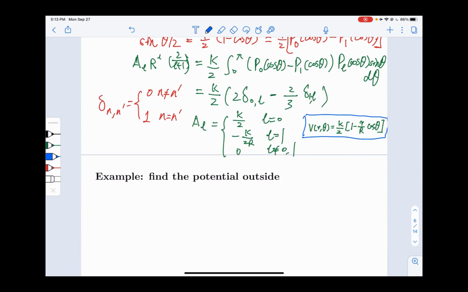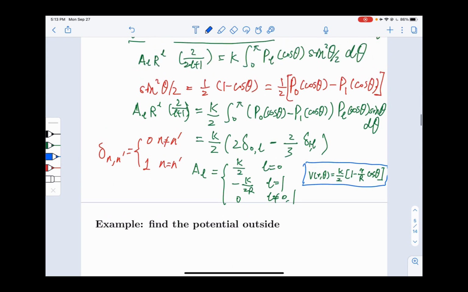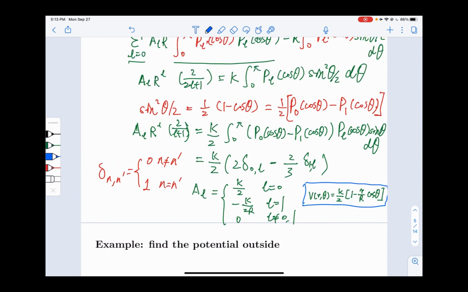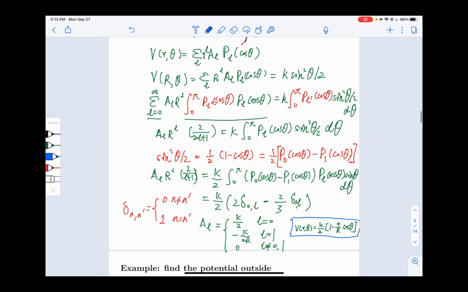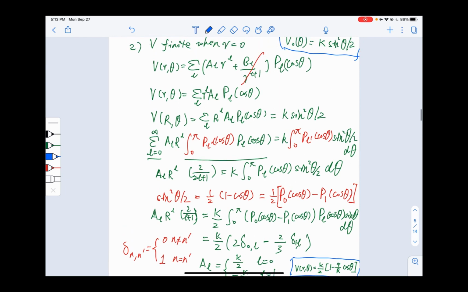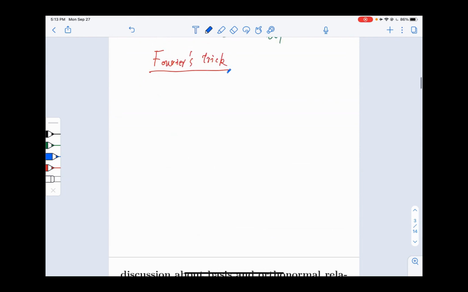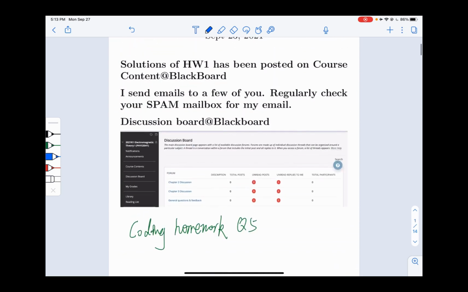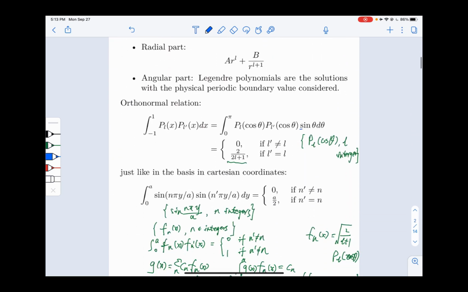Now, there's an extra sine theta at the end of the equation, the first green line. Why is there an extra sine theta at the end? Oh, sorry. I actually missed the sine theta over here. So if you check the orthonormal relations, here there is a sine theta.